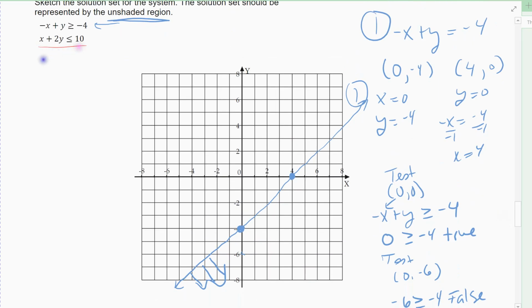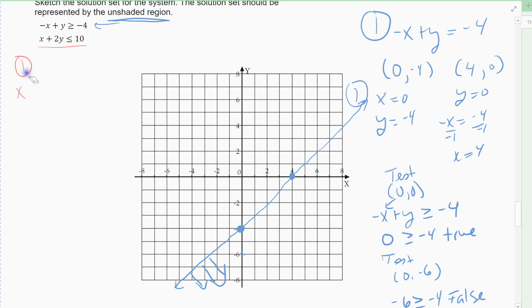Now I'm going to graph the second one, and I'm going to do my work on this side. Colored pencils are always just nice. So if you're doing this on pen and paper, or on a tablet, I always think it's easier if you use different colors for each one of your lines. So my first line I did in blue, the second line I'm going to do in red.